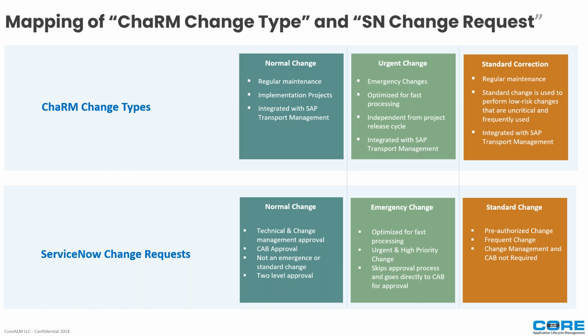So, for example, if we deploy the connector in your environment and you happen to have customized the ServiceNow change types and the workflow within each change type, either in ServiceNow or in Charm, our tool is able to dynamically fetch all the data and the current status of the systems, and we will be able to map those. As we dive in today, we're going to demonstrate those, where you can see the custom changes that are visible.